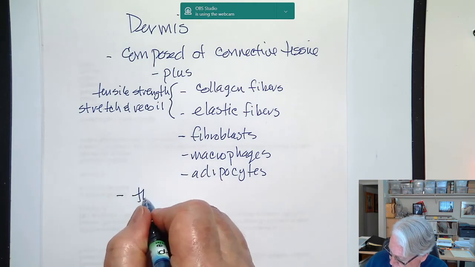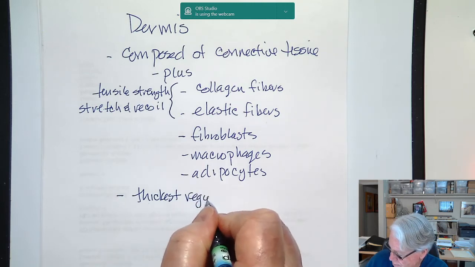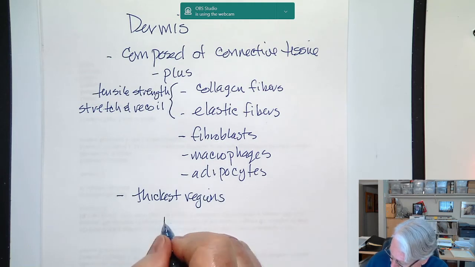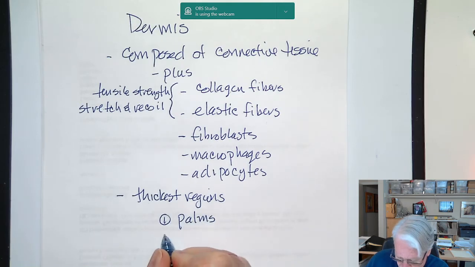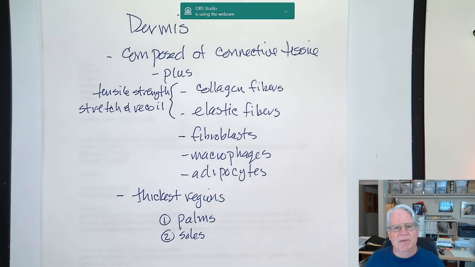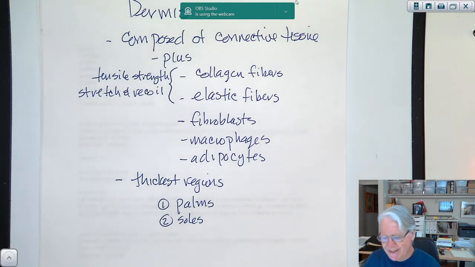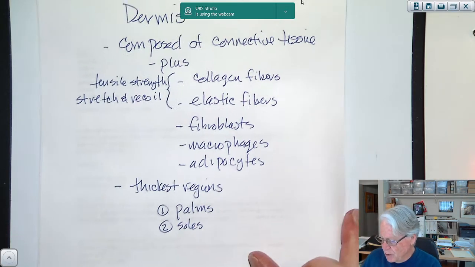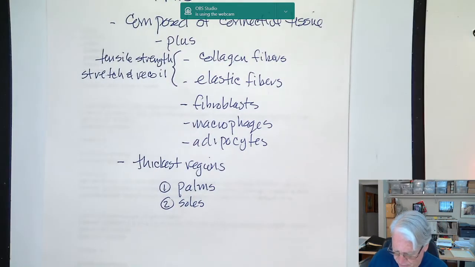So the thickest areas are in the palms and in the soles of the feet. Both of those correspond to the thickest areas of the epidermis too. So both of those areas contain very, very thick skin in terms of both the epidermis and the dermis itself.